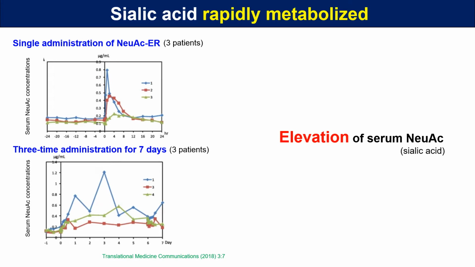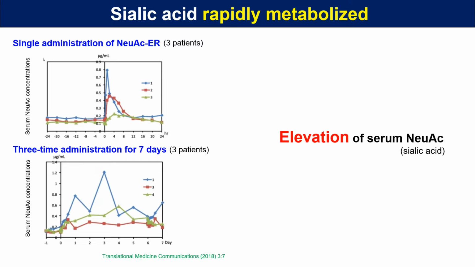So, extended release tablet form of sialic acid was developed for clinical trial to make sialic acid last longer in patient's body. This figure shows serum sialic acid concentration after oral supplementation of sialic acid extended release tablet. You can see in the upper figure that serum sialic acid concentration increased in all 3 patients immediately after administration.